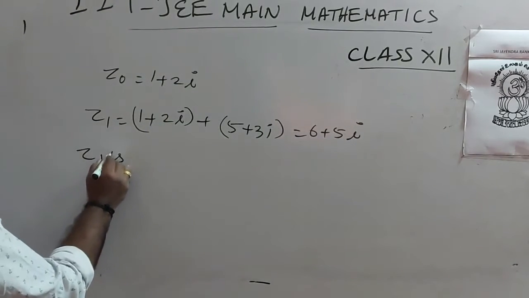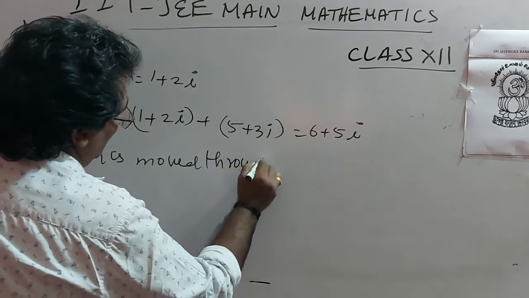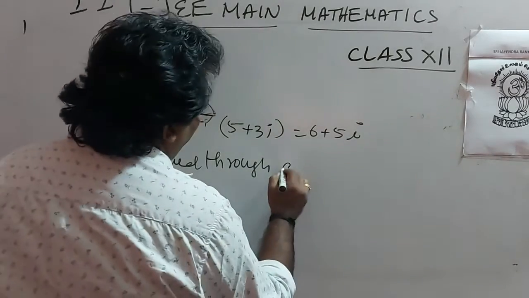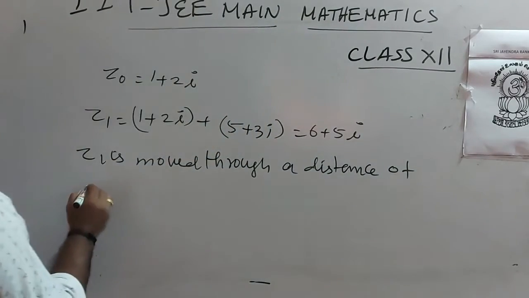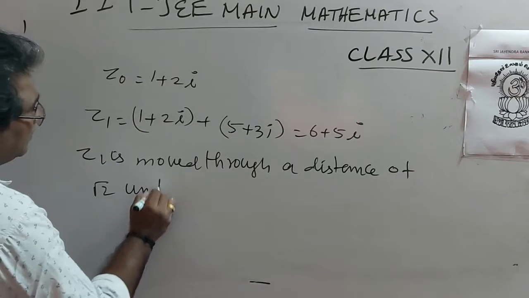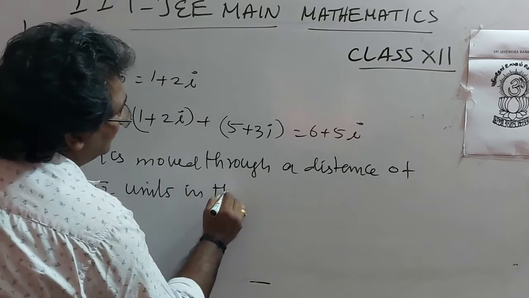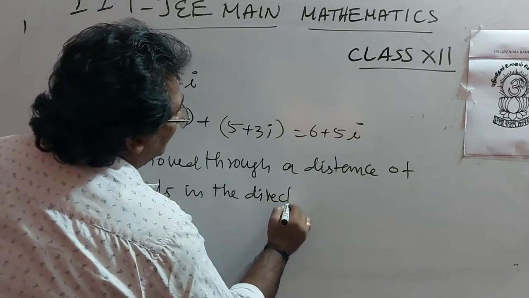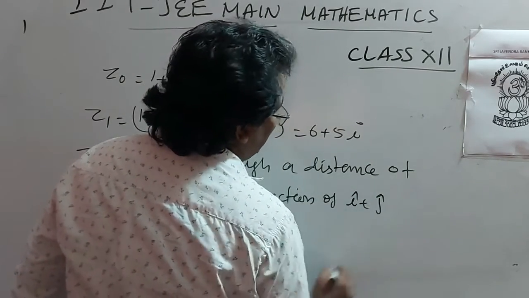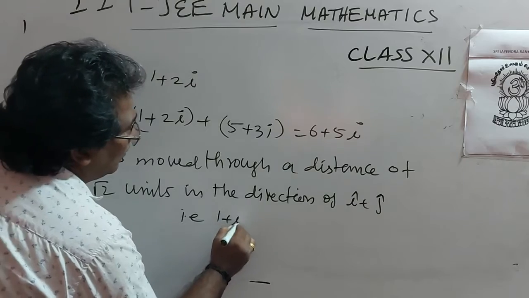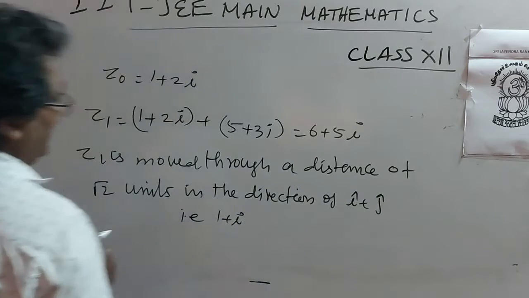This Z1 is moved through a distance of root 2 units in the direction of i cap plus j cap, that is 1 plus i, it means real part 1, imaginary part i, 1 plus i.